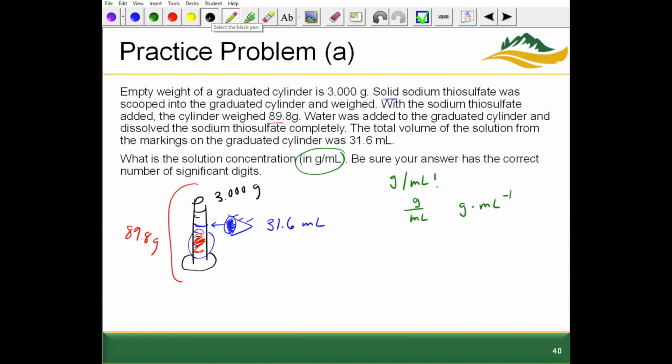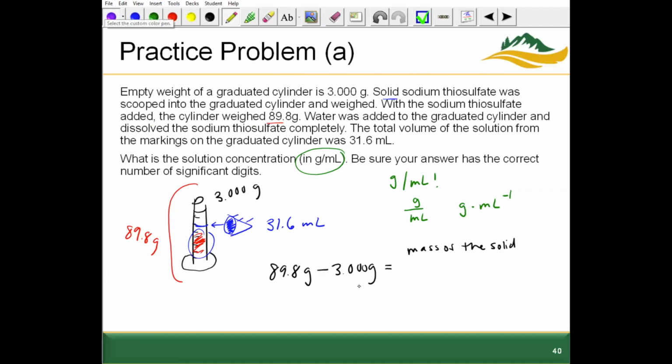Now the first thing we can do is to figure out the mass of the solid. So we know that 89.8 grams minus 3.00 grams, the mass of the graduated cylinder, minus the mass of the graduated cylinder plus the solid, is going to give us just the mass of the solid. So here we're doing a subtraction problem, and I left out one sig fig that would be important potentially.